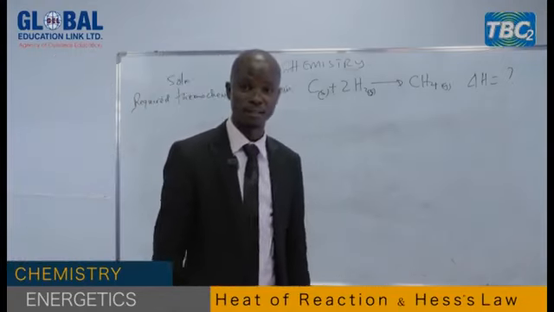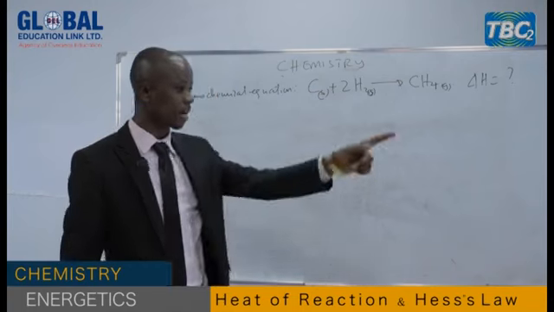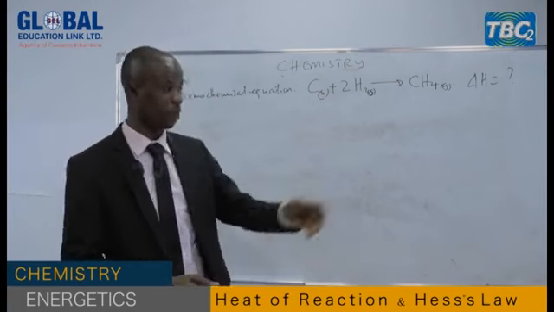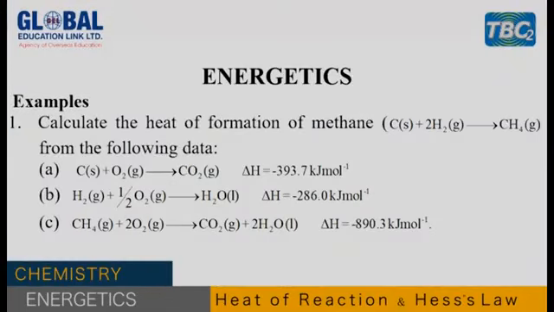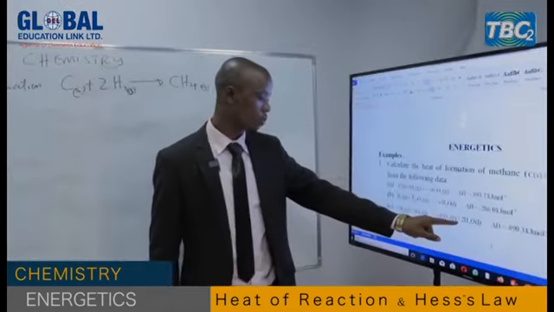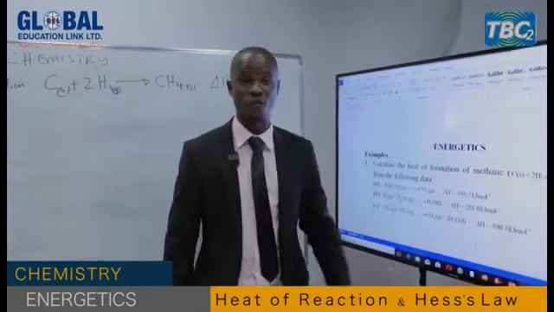The product is methane. Now, my dear students, when you go back to the 3 given equations, which one has got methane? You can see methane is found in the third equation, equation C, that we have methane gas and 2 moles of oxygen gas to get carbon dioxide and 2 moles of water. The enthalpy change for this reaction is given.